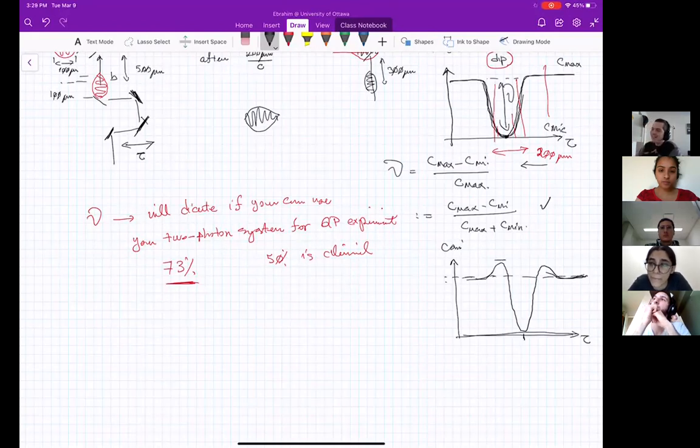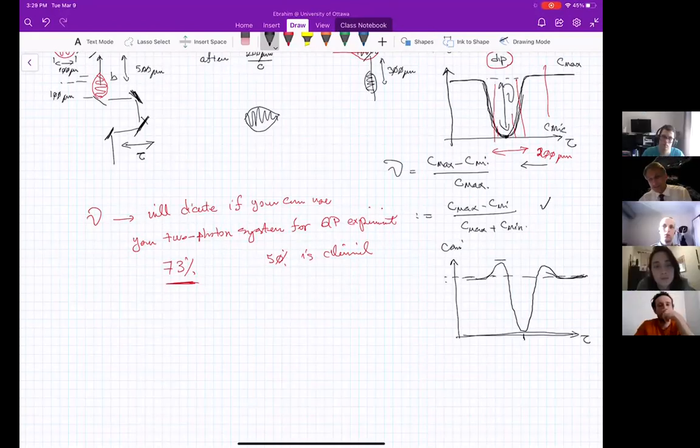Anyone else? Is it like detector dark counts or something? No, detector dark counts just bring this minimum up. This is the only thing it does. It's accidental coincidences.